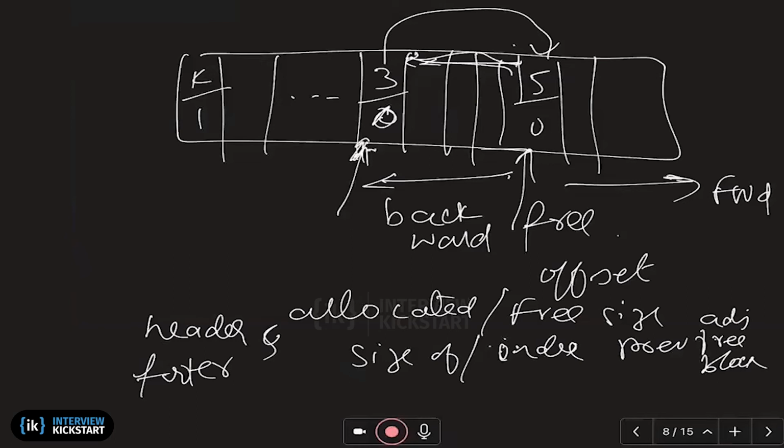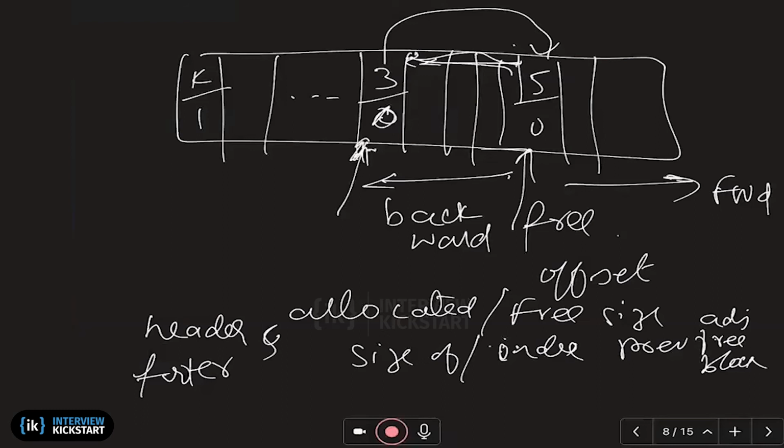But I haven't seen implementations which actually do this, because the biggest fear is that the application can wipe out any of the bookkeeping information you have. It's better to keep that information separate.